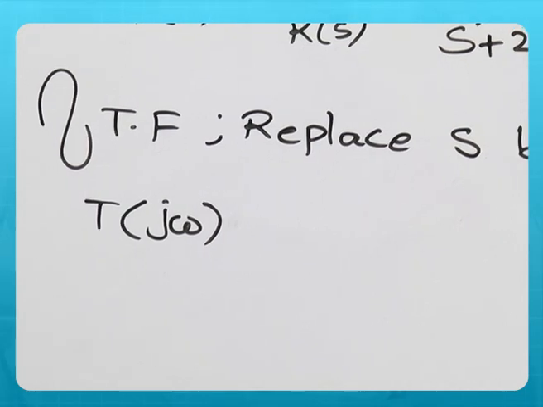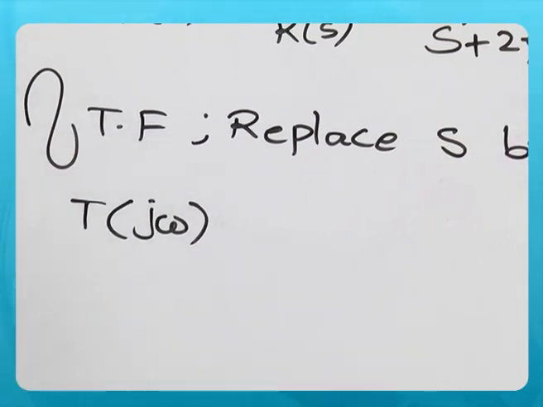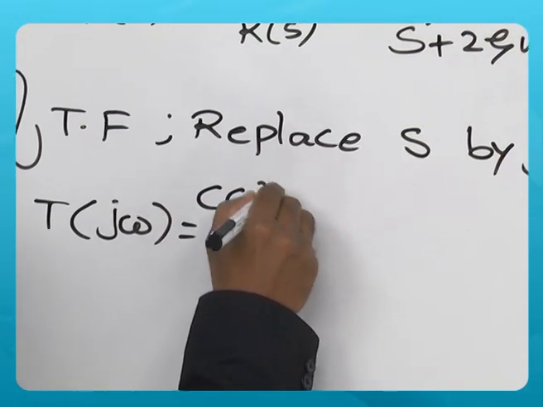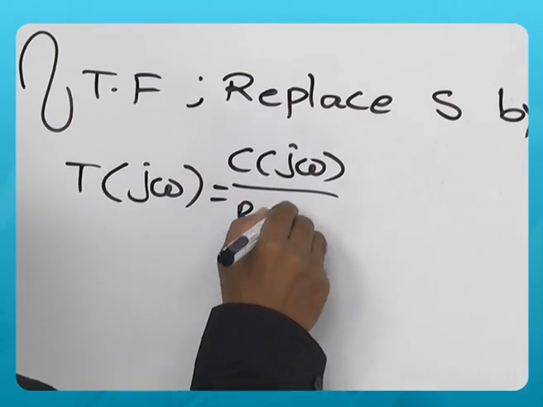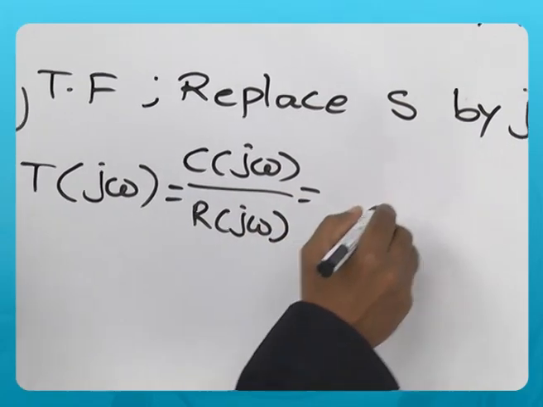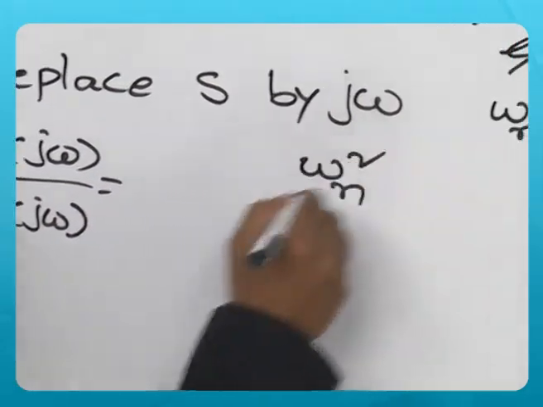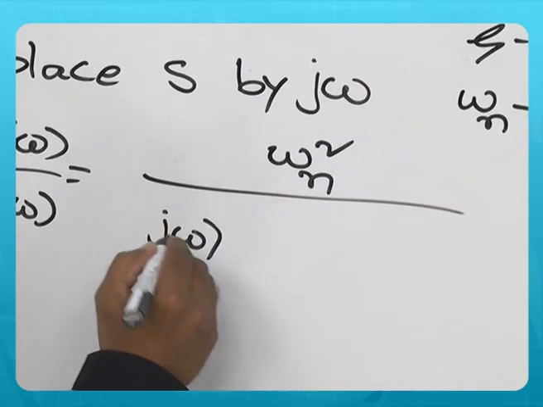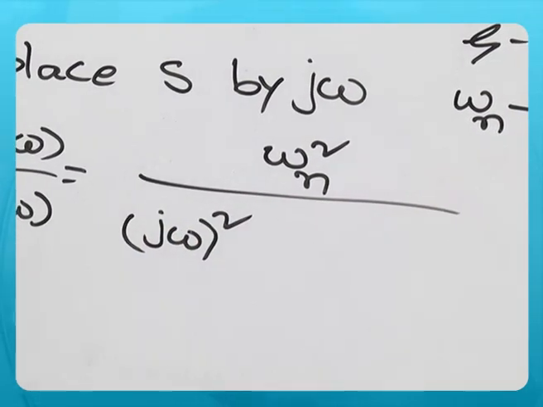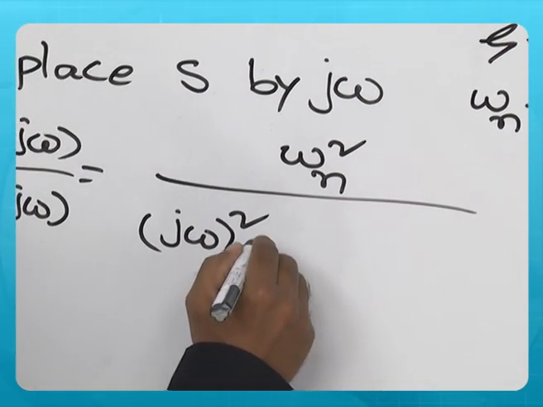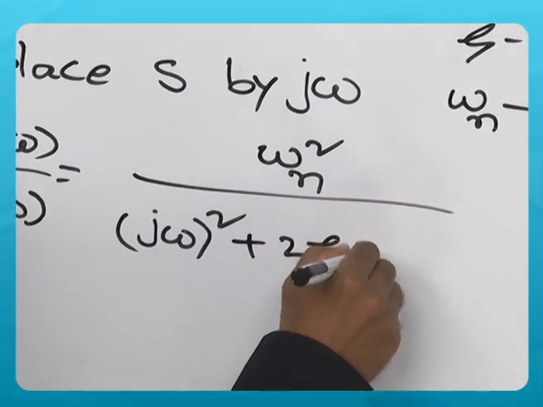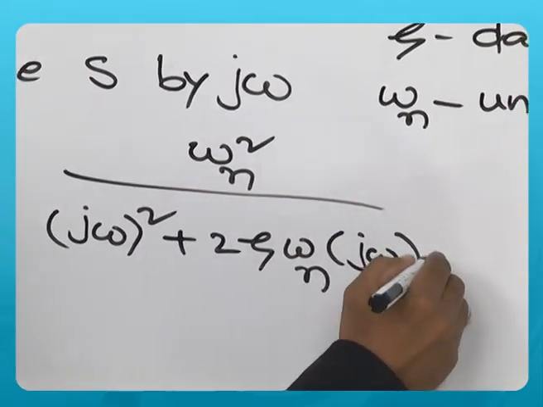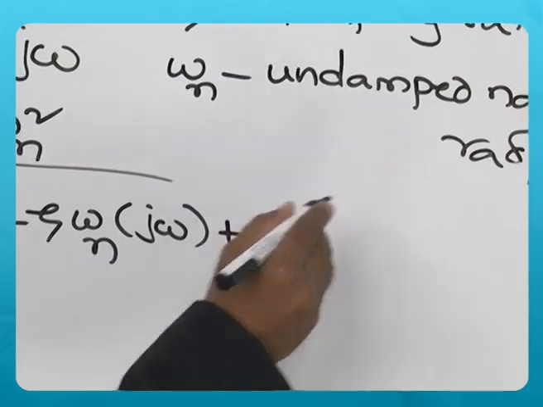T of j omega is the sinusoidal transfer function, given by C of j omega by R of j omega equal to omega n square by (j omega) whole square, replacing s by j omega, plus 2 zeta omega n into j omega plus omega n square.